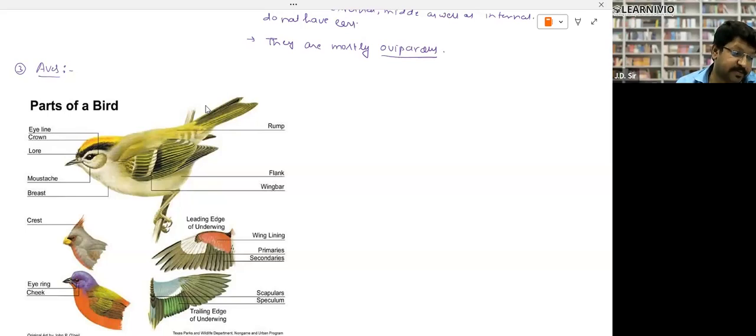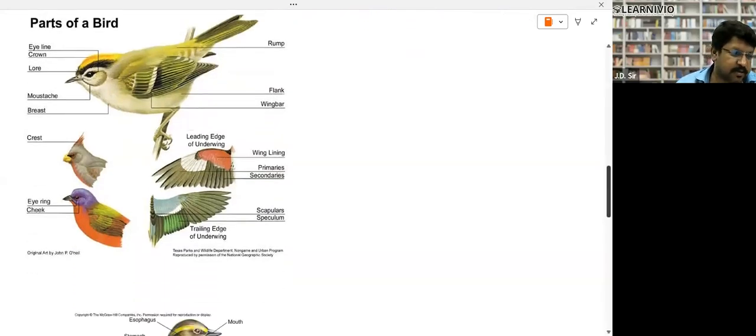They have the mustache, breast, and flank, and again this little crest, eye line, cheeks, and wing lining. So the wings are there, and you know the common feature. And you can see over here the digits, this part. So they have claws and digits, which are very efficient for capturing anything.